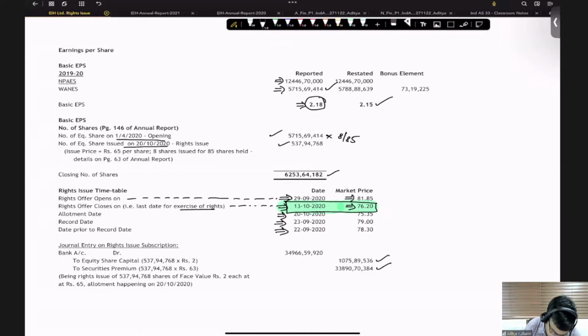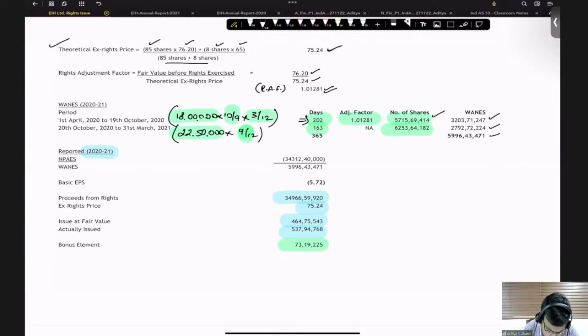Okay. So we have allotment date, record date, date prior to record date. All these dates I had taken up the market prices for your knowledge, but we will be selecting 76.2. This is the journal entry what you will pass when you receive it. And then we proceed to calculate the rights adjustment factor, which is 1.01281.